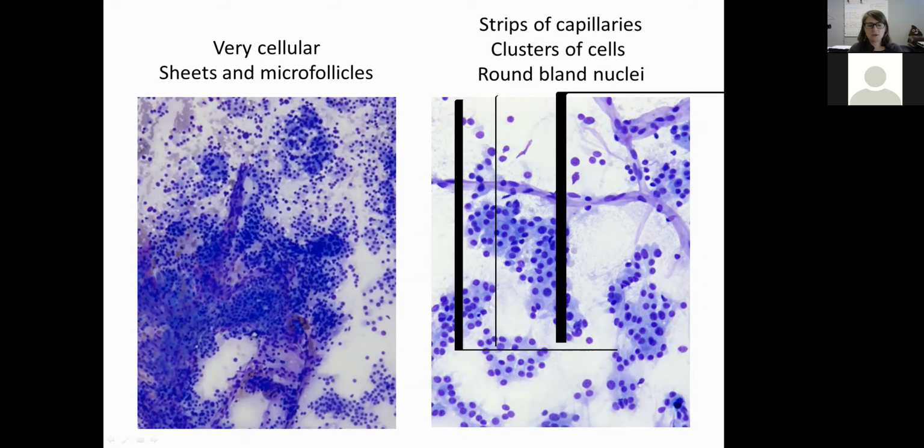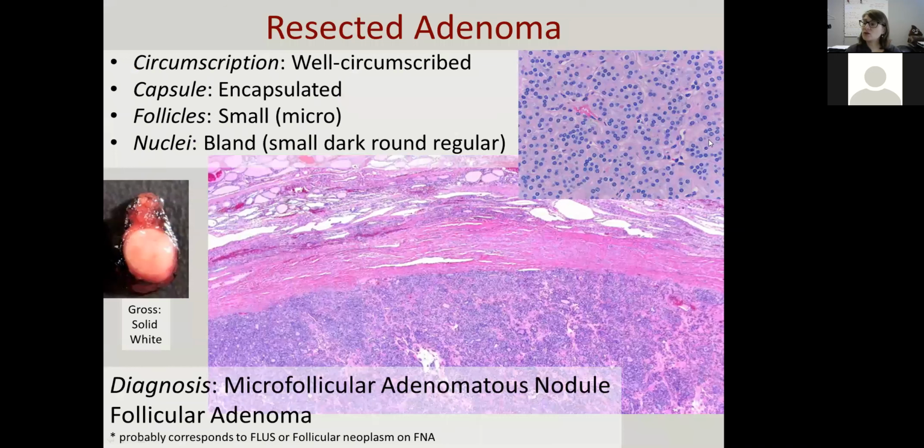However, because the nuclei are still round and regular, we're not going to give them an architectural atypia, but we're going to give them a follicular neoplasm status. So this, in fact, is a Bethesda category 4 follicular neoplasm. This might correspond to an actual resection of a follicular adenoma, or in fact a follicular carcinoma.